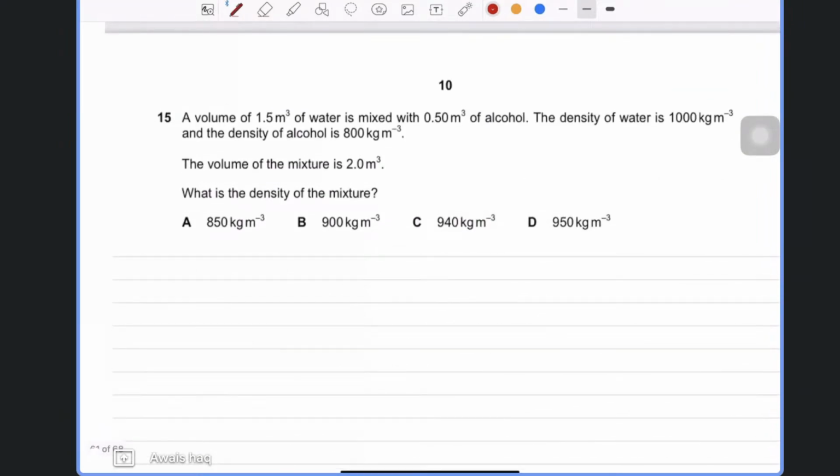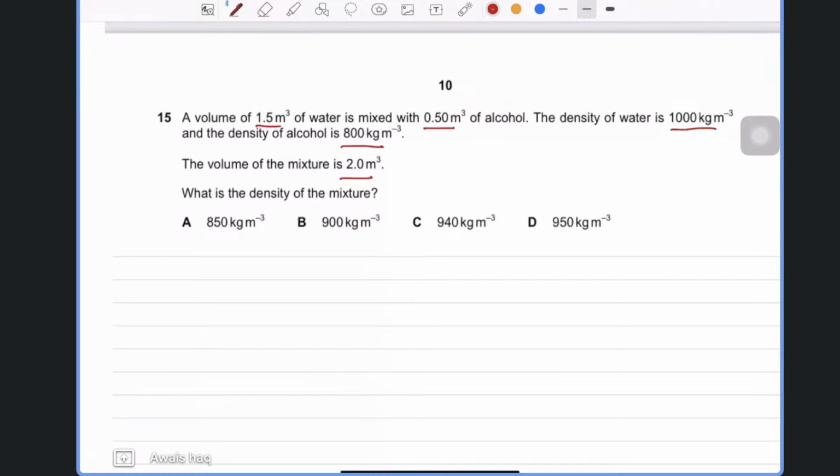It says a volume of 1.5 meter cube of water is mixed with this alcohol, and the density of this and this is given. The volume of the mixture is 2. What is the density of the mixture? All right, is it clear? Now, if you notice, they haven't given us the mass.